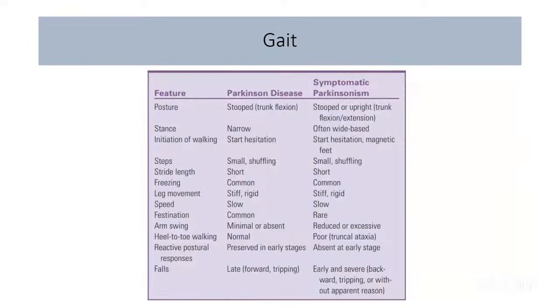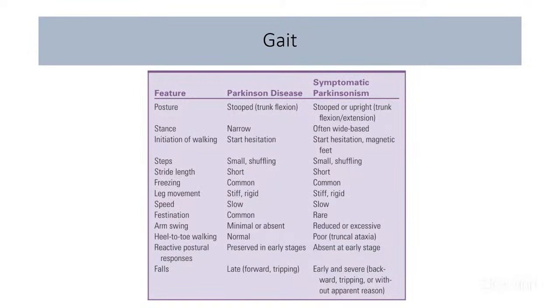So for the difference between Parkinson's patients and symptomatic Parkinsonism: posture will be stooped in Parkinson's, and in others it will be stooped or upright. Stance will be narrow in Parkinson disease and often wide based in other Parkinsonism conditions. There will be start hesitation in Parkinson disease, and in others start hesitation like magnetic foot as in NPH, and small shuffling steps.